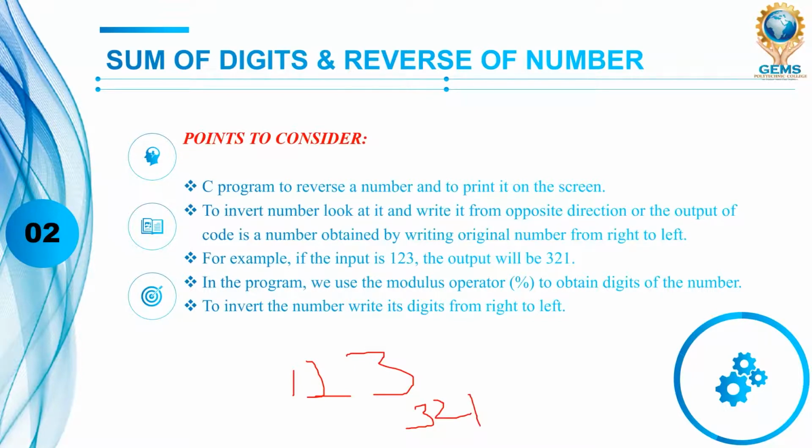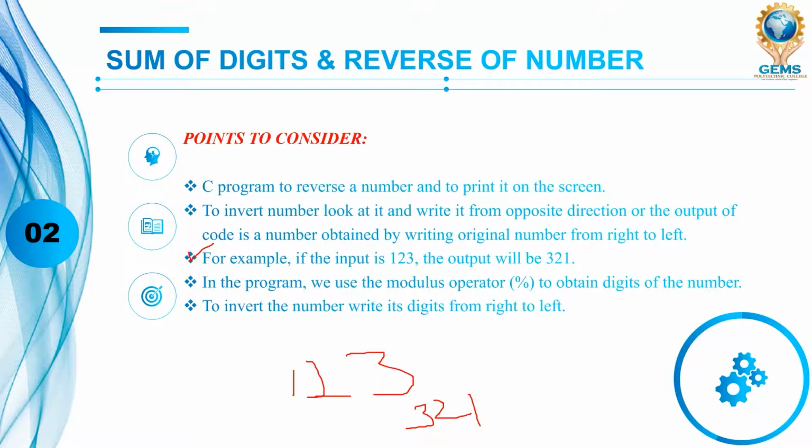The same way in the third point it's mentioned. So this is the exact concept of the reverse of a number. So in the program we use the modulus operator to obtain digits of the number, and the last point says that to invert the number we should write the digits from right hand side to the left hand side.